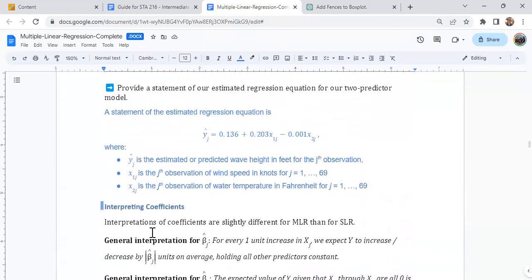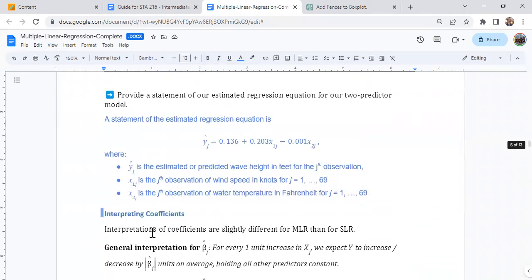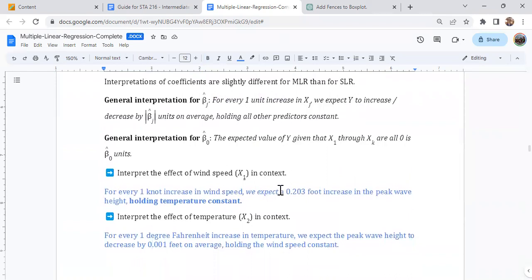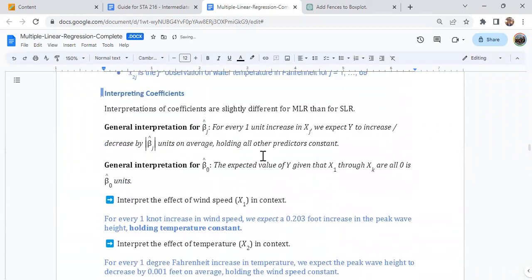Whereas for the wind speed, it was a much bigger increase. Like 1/5 of a foot is decent. What about the intercept? So let's copy the blueprint.